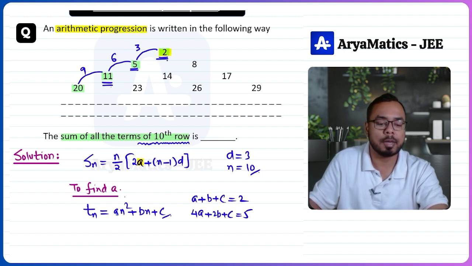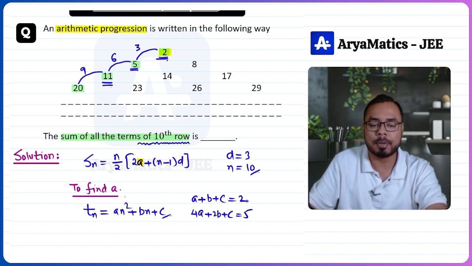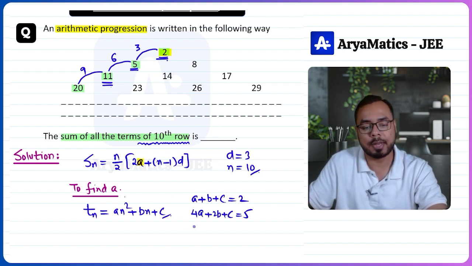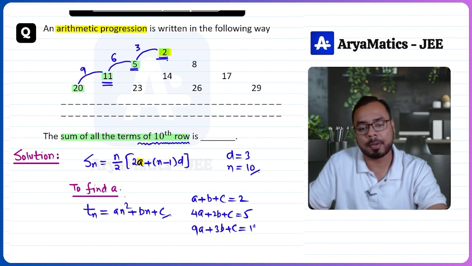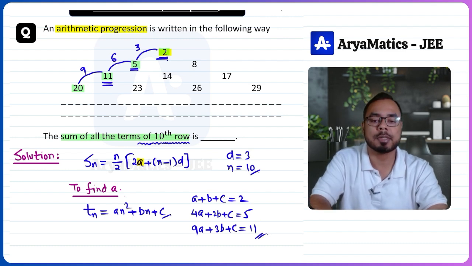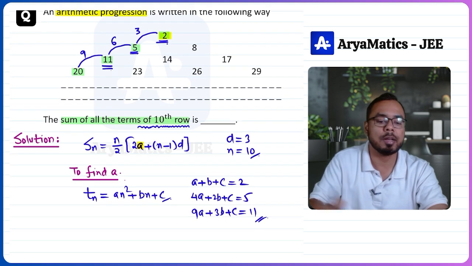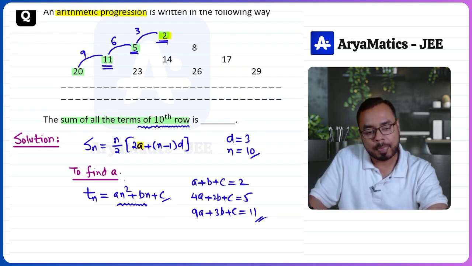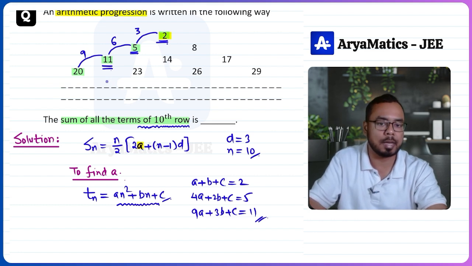The first term is 2; in place of n, if we write 1, we'll get a plus b plus c, so that will be 2. The second term is 5, and the third one is 11. In place of n, if we write 3, then we'll get 9a plus 3b plus c, which equals 11. Now by solving these three equations with three unknowns, we can easily get the values of a, b and c. Once you have a, b, c, you will get tn, and then you can calculate t10.